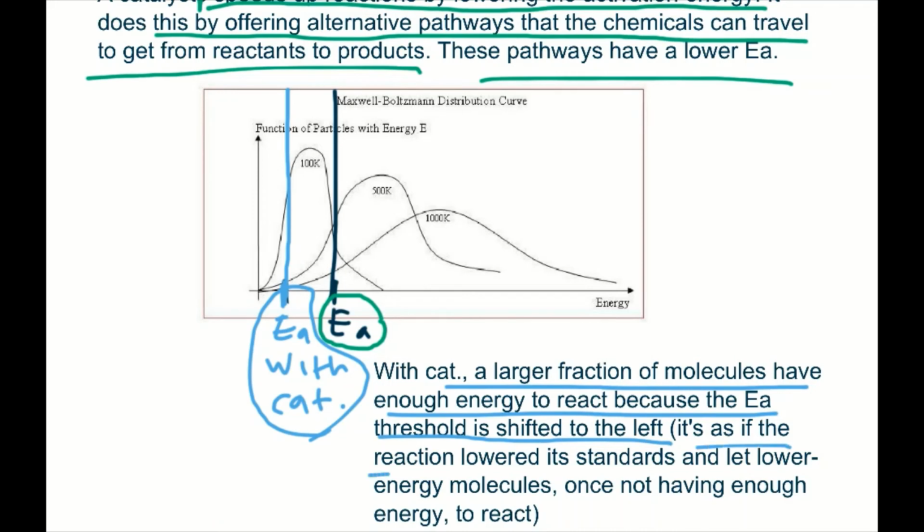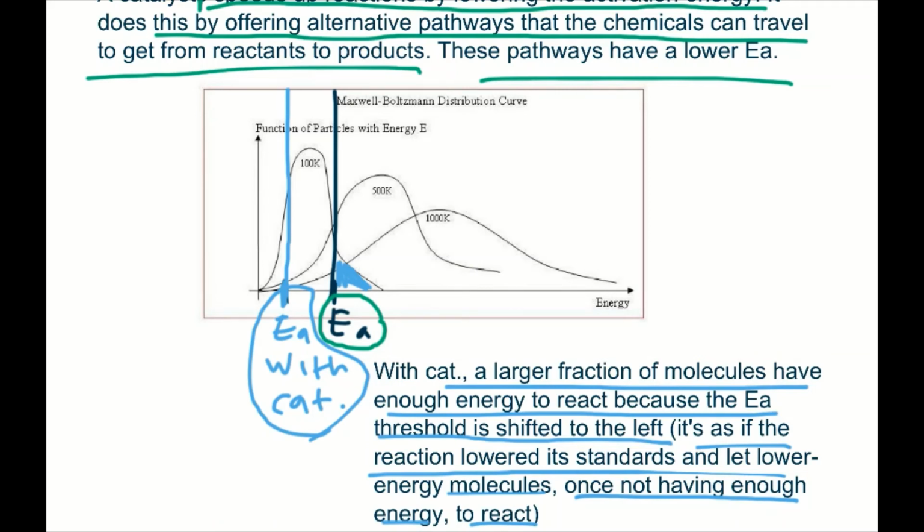It's as if the reaction lowered its standards and let lower energy molecules, once not having enough energy to react, now react. So as you can see, for the old activation energy, only this many particles could react, which is not a lot, so the reaction rate is pretty slow.